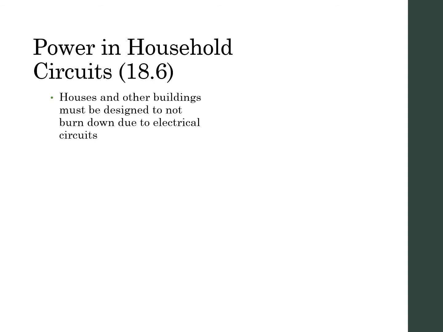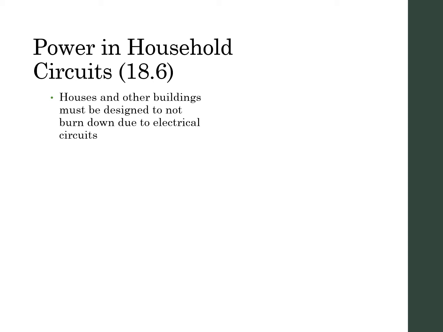So now what we want to do is talk a little bit about the household circuit. And then once we talk about that, we're going to look at an example. So that's going to take everything we focused on last time as well as what we've learned so far in today's lecture.